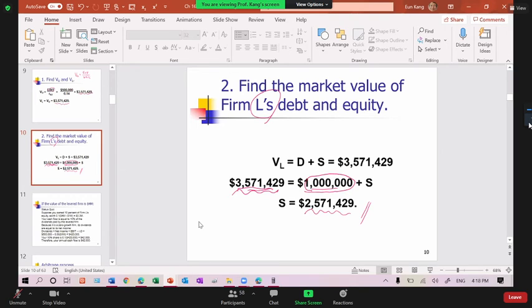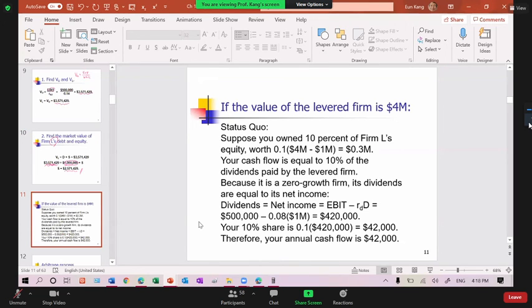This is how to prove in economics or financial economics. So how to prove your proposition? That is using the no arbitrage profit approach. This is very important.